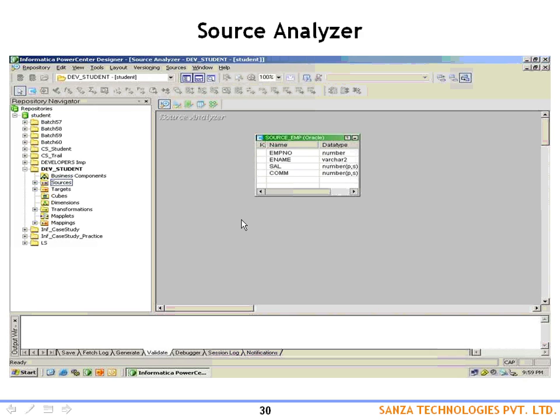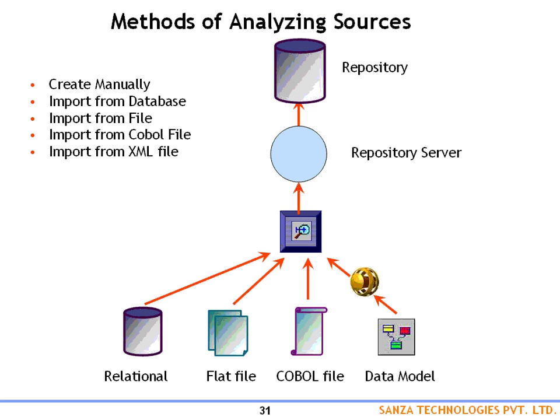What is this source analyzer? As per the requirement, your source can be a table, a flat file, or a COBOL file. In our specification document, it is the source underscore EMP table. That is your source.